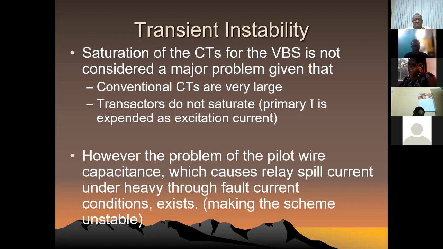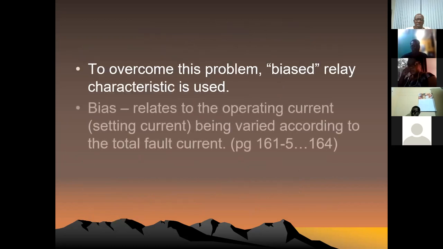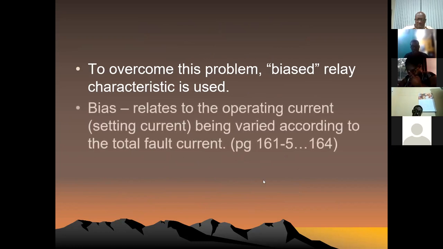So to treat with spill, we use relays with bias characteristics, and the whole business of bias is on page 161 to 5. But just hold on this one. I will confirm the page in the edition that I have given you.